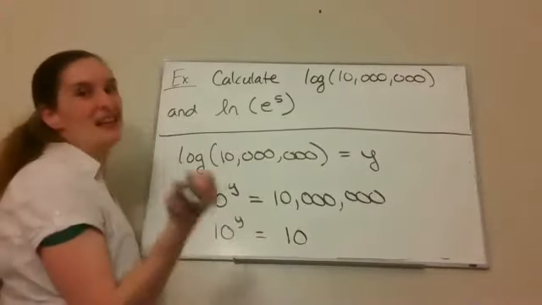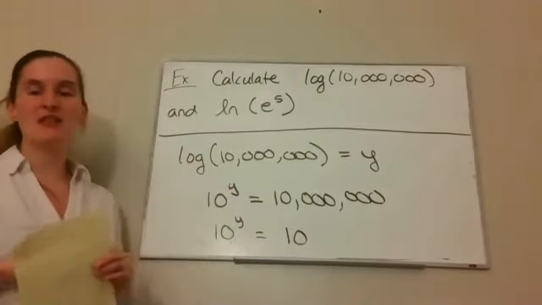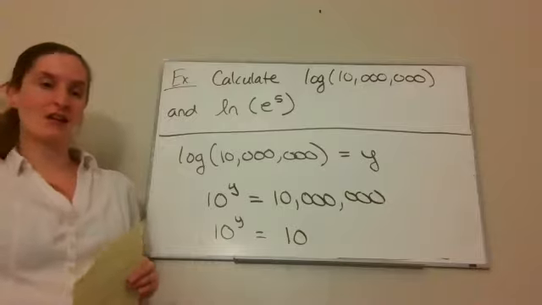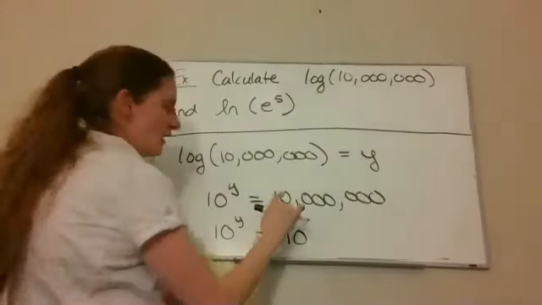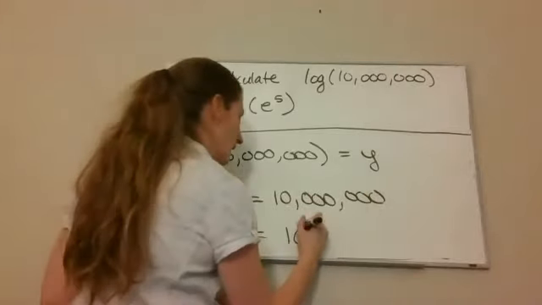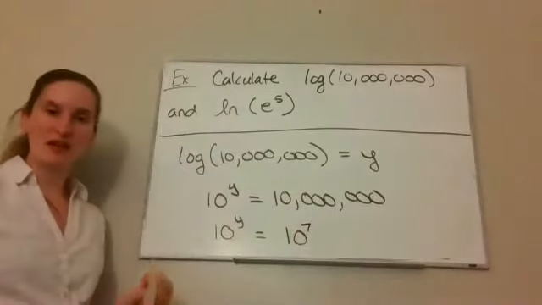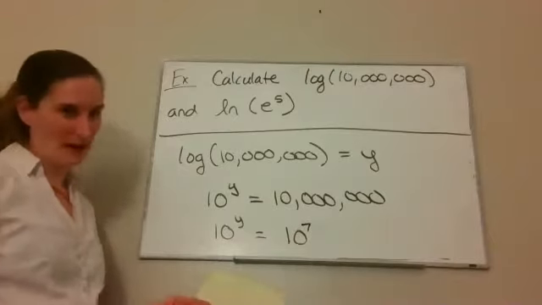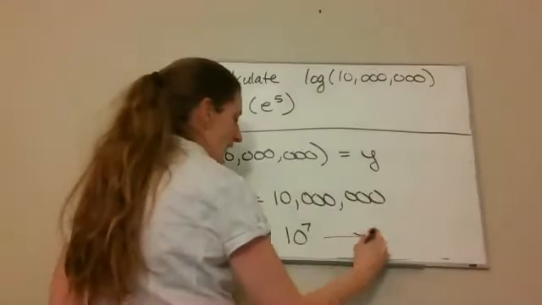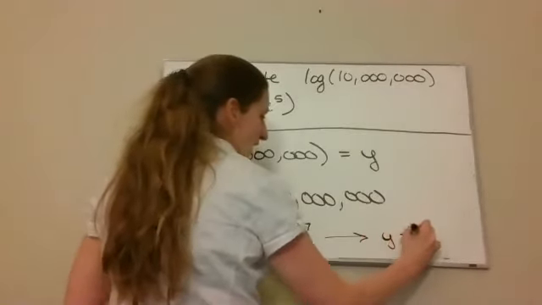And I can. Each time you multiply by 10, you end up adding another 0 to the end of this. So I know that 10 to the 1, 2, 3, 4, 5, 6, 7th power will get me 10 million because that's how many zeros I have. So 10 to the y equals 10 to the 7th, and that tells me y equals 7.